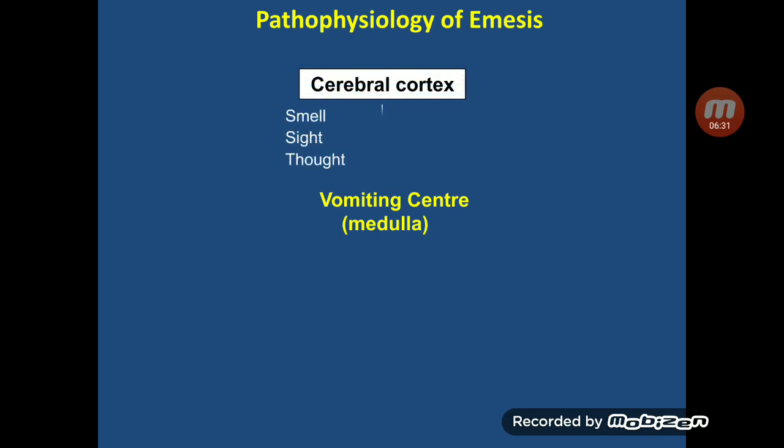The cerebral cortex is one of your inputs. Any smell that you get, any very disturbing sight, any thoughts, or stress as well, can activate your vomiting center present in your medulla oblongata and cause the process of emesis to occur.